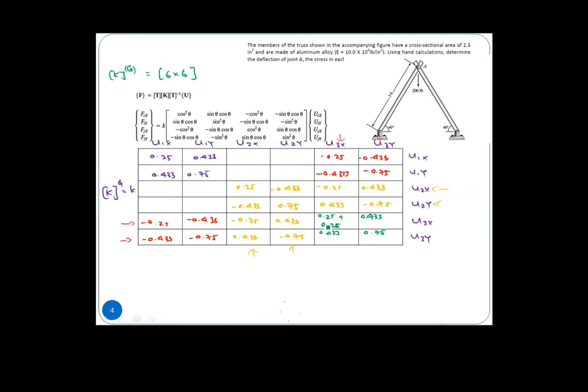Right, then we have also minus 0.433, minus 0.433. Then we have also minus 0.433. Then we have 0.75, so it's plus 0.75.